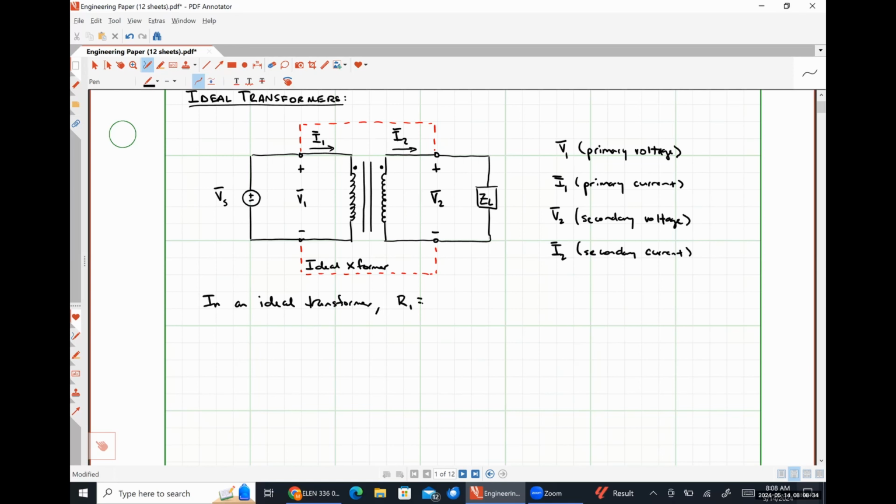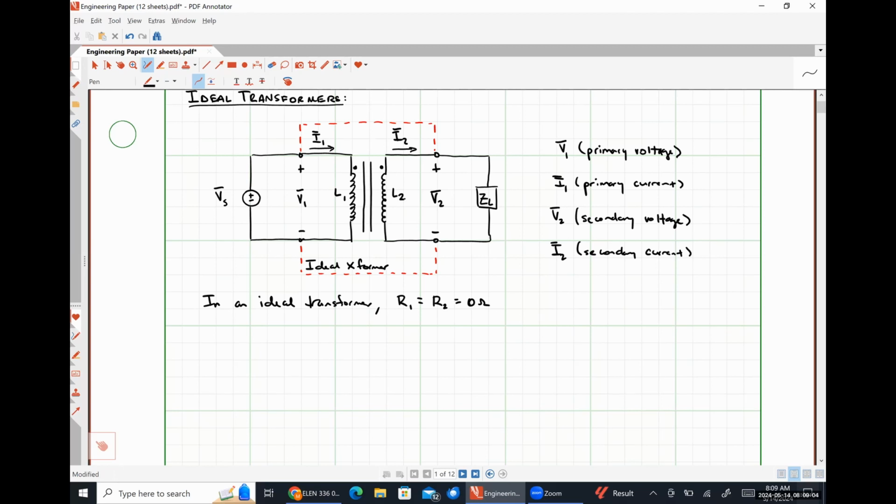So in an ideal transformer, the resistance of our coils is assumed to be 0 ohms. So we have lossless coils. So we don't have any real impedance associated with them. Our coils will have some inductance. So I'm going to call L1 my primary inductance and L2 my secondary inductance.